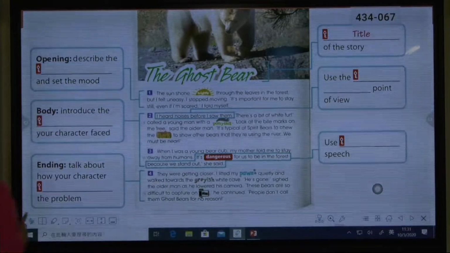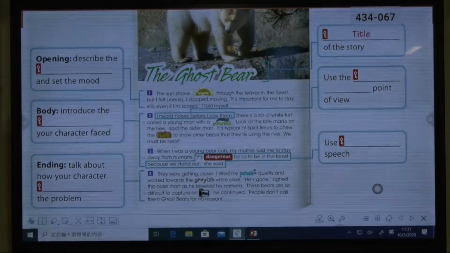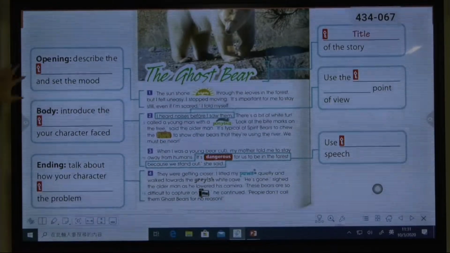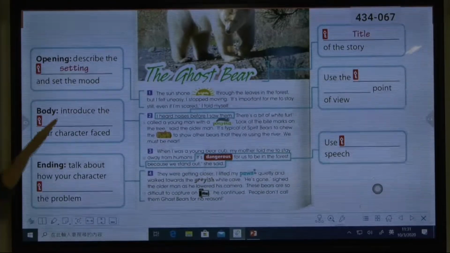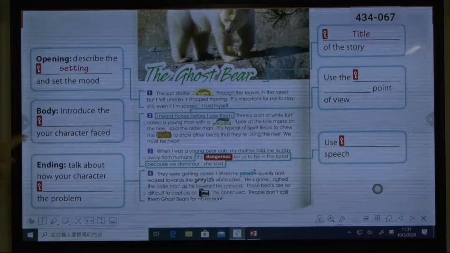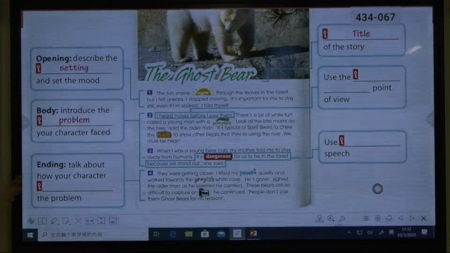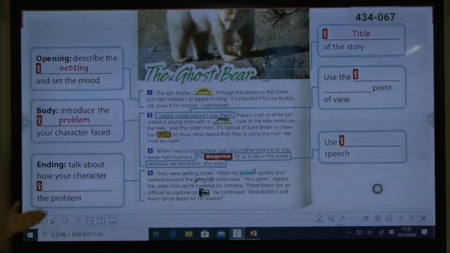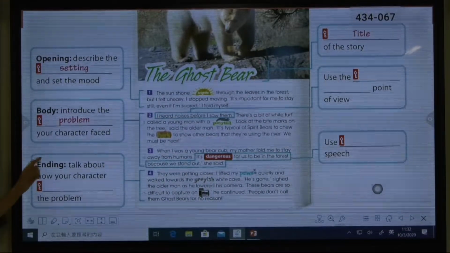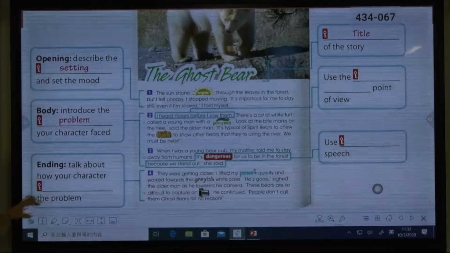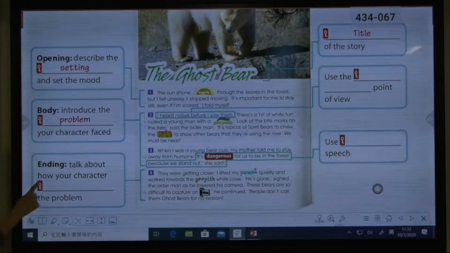A story usually consists of 3 parts. Part 1, opening. We use the opening to describe the setting, and also we can set the mood. Part 2 is the body. We introduce the problems your character faces. And then the last part, the ending. We talk about how the character solved the problem.